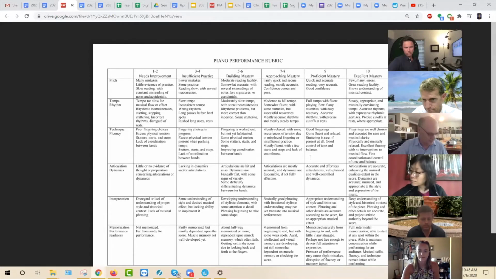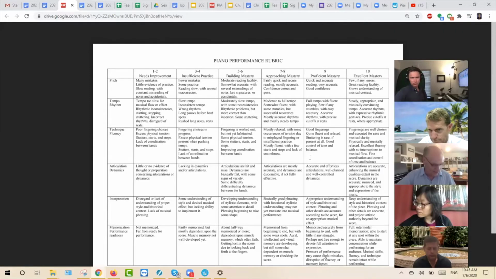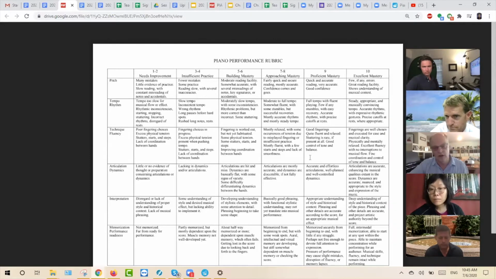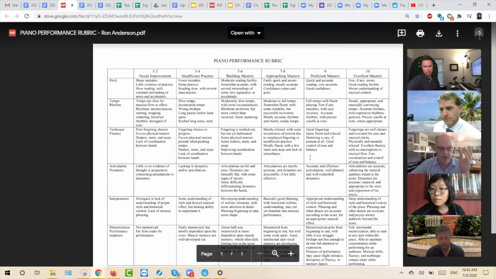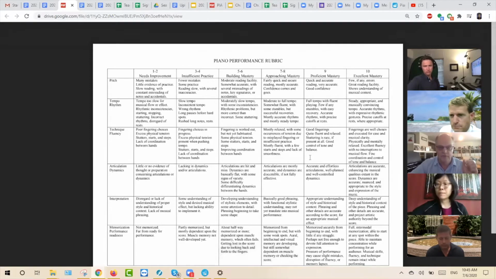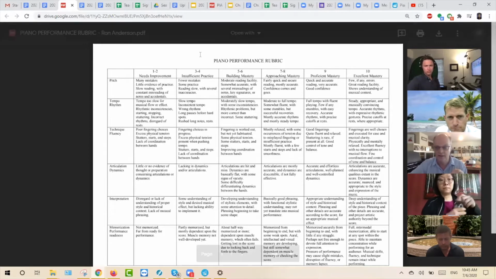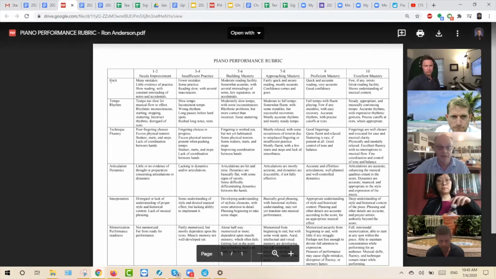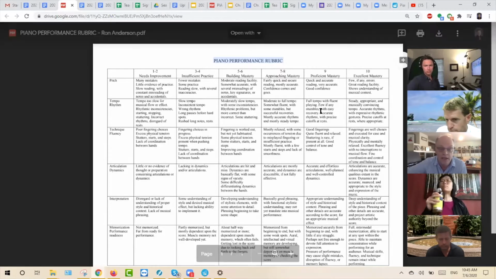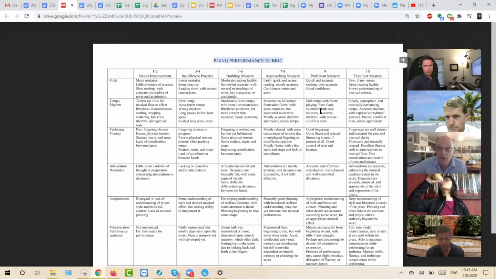But the idea is that, first of all, in order to evaluate students, we want to have identified the levels of mastery in any given skill. This one happens to be a piano performance rubric. It could be sight reading, it could be scales, could be ensemble playing, what have you.